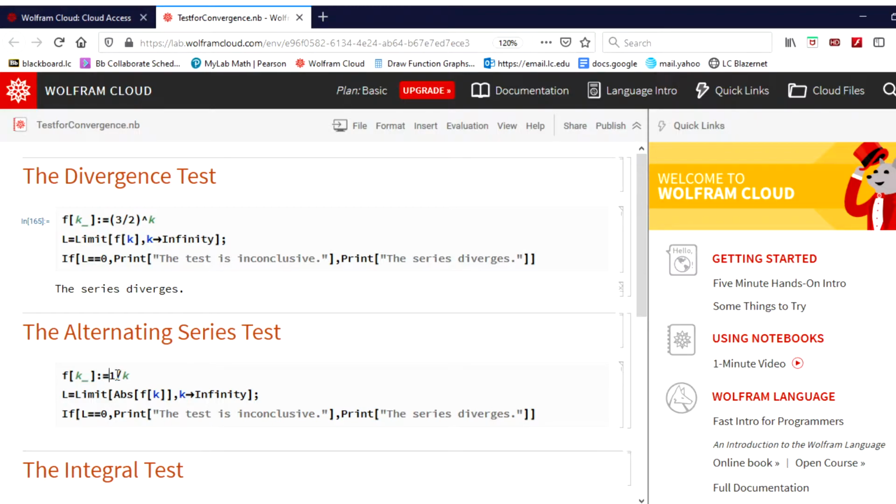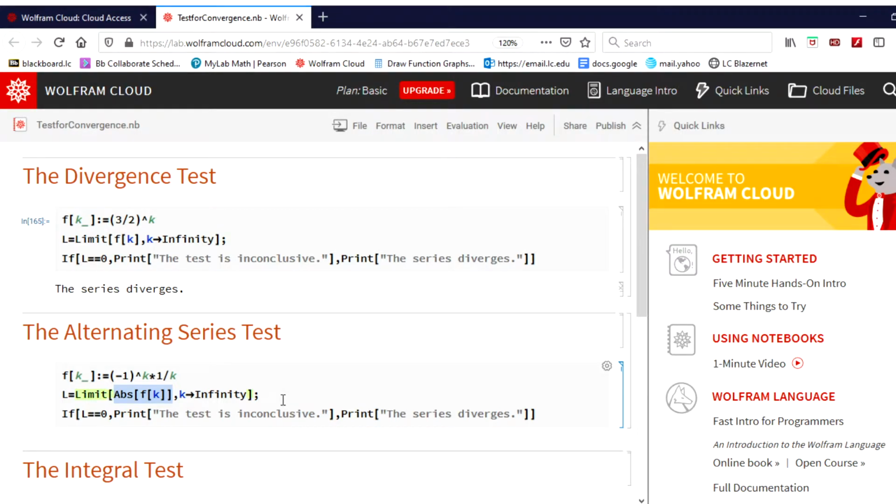So if you happen to leave in or state this series here with that actual alternating aspect left in the calculation, or in that description of f of k or a sub k, having the absolute value of f of k inside your limit operation here will handle that alternating aspect.